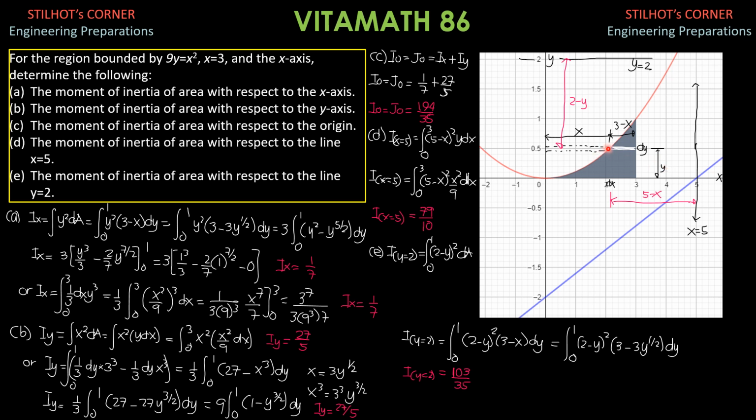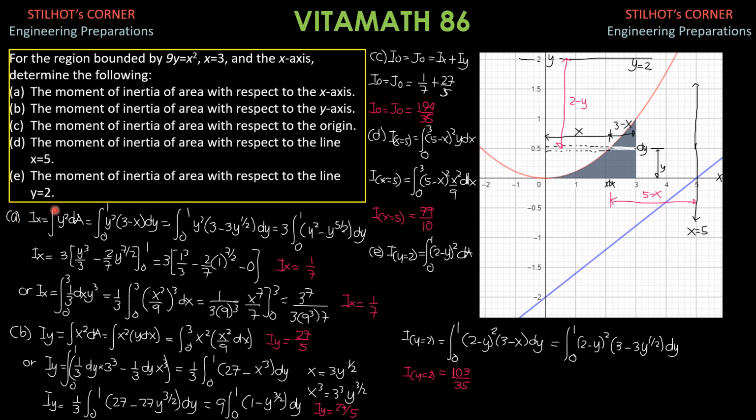And since the distance of a point from the y-axis is in general x, and this vertical line is x equals 3, all points on this vertical line are 3 units to the right of the y-axis. So if this is x, then the length of the strip is 3 minus x. The thickness is dy. The variable of integration is y. Therefore, the limits would be from 0 to 1.